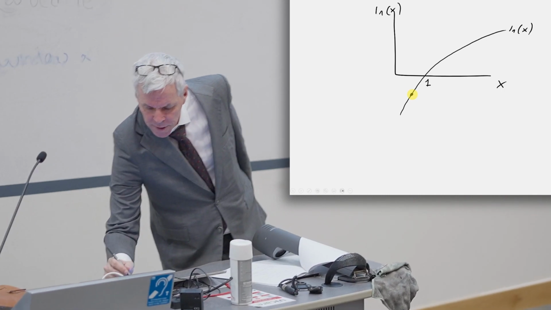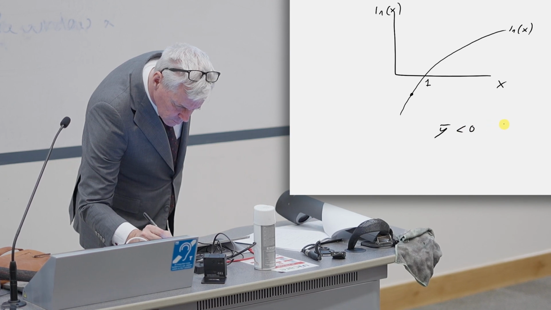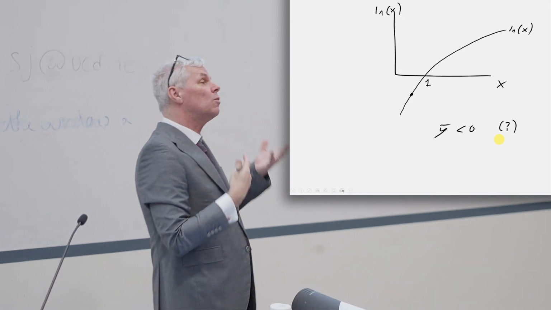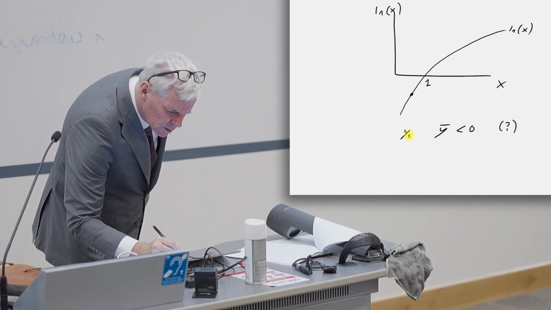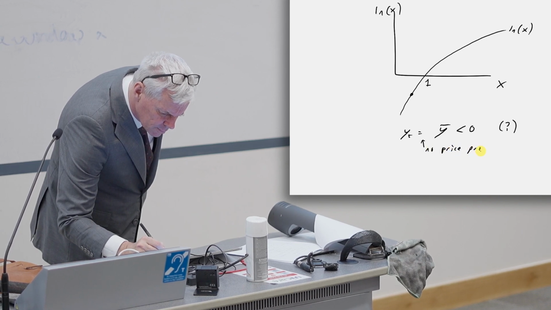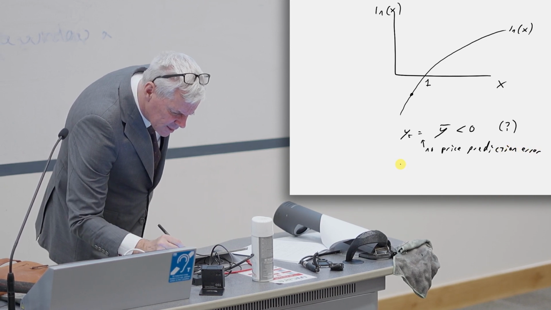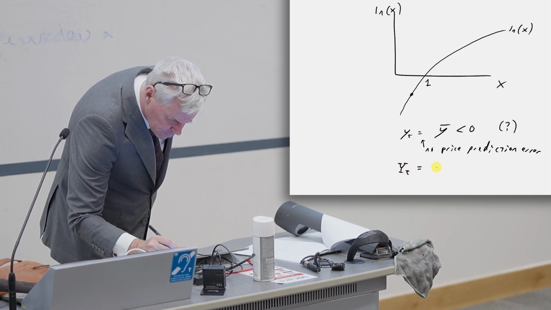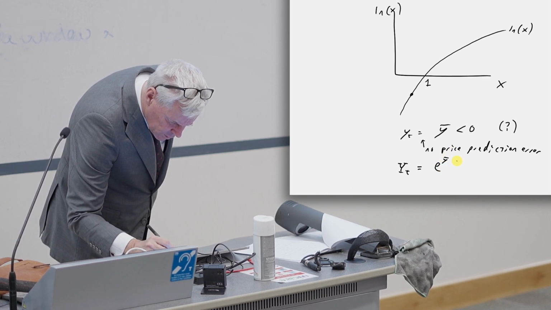So should we be concerned about that? We shouldn't, because we have y_t equal to y bar, but that doesn't mean that capital Y_t is negative. Capital Y_t is equal to e to the little y bar, which is greater than 0.